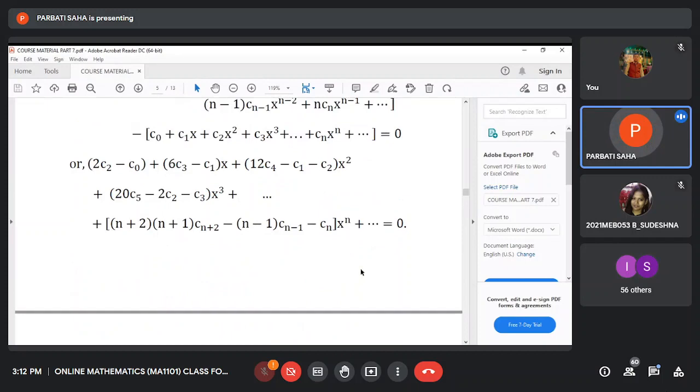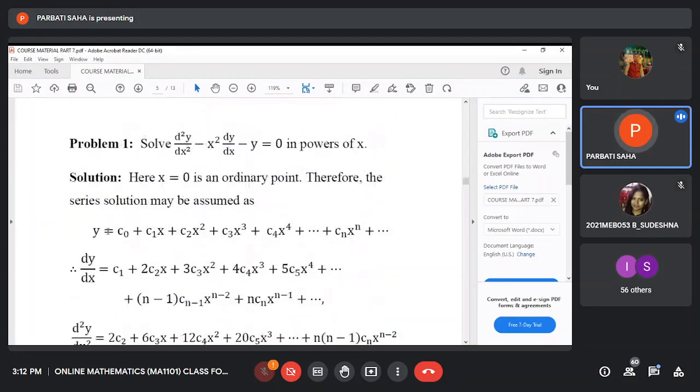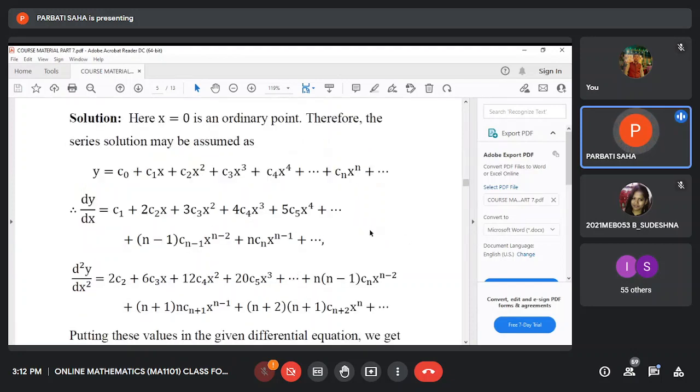If we write the series in this form, y equals c0 plus c1x plus c2x squared plus c3x cubed like this, you may also write this series in summation form.